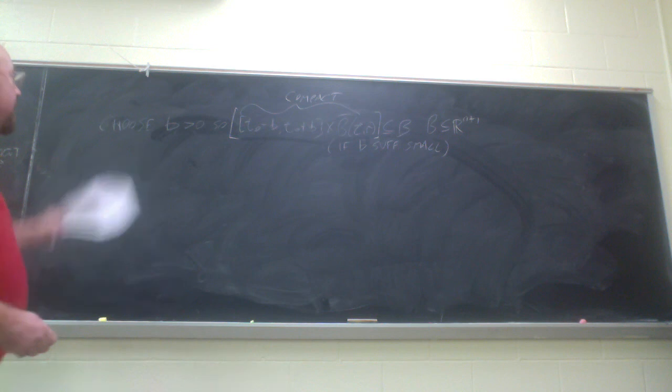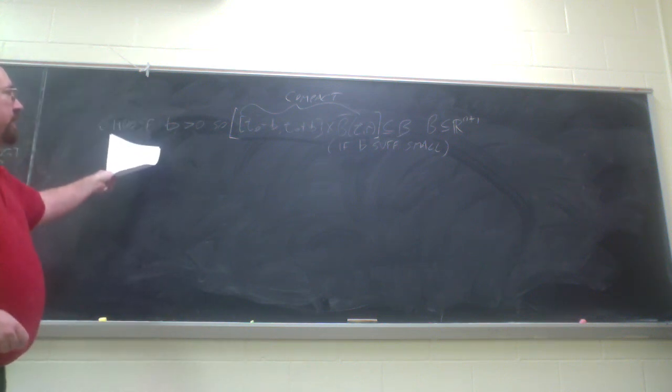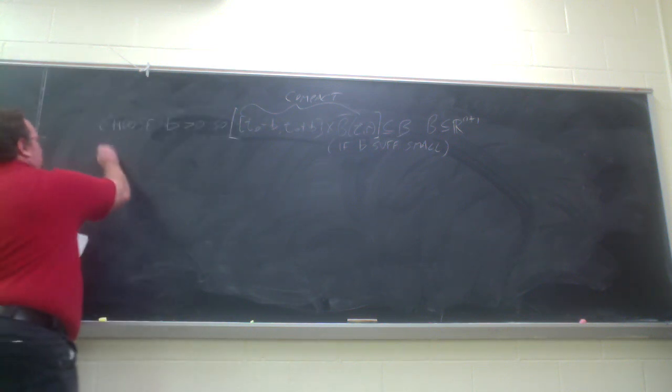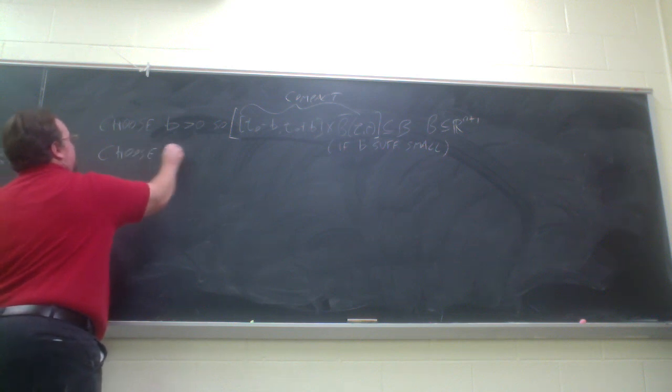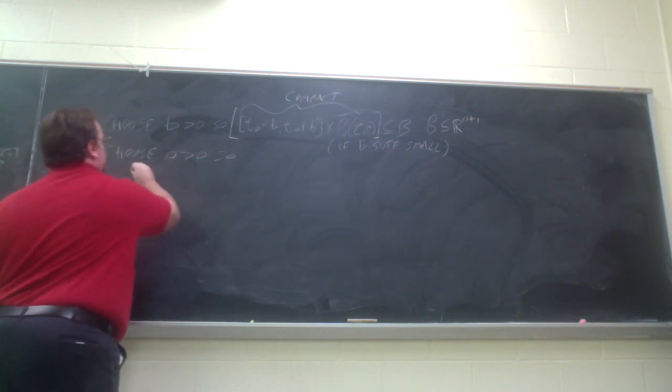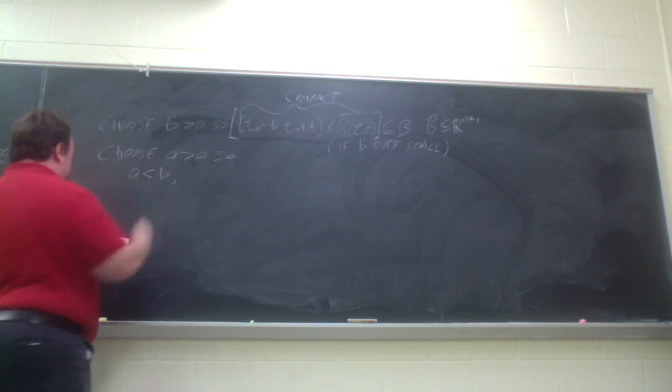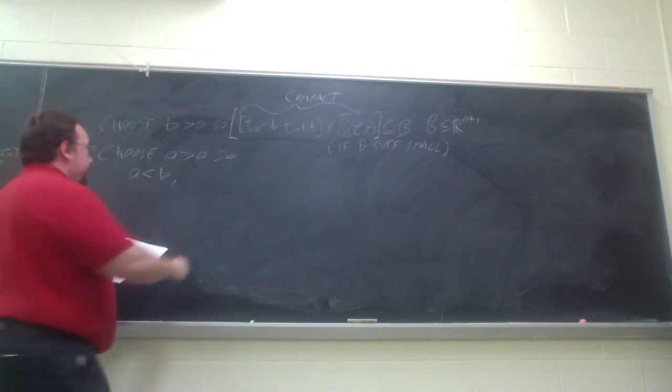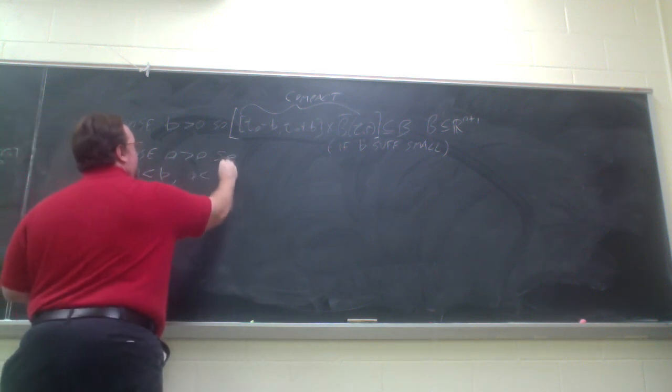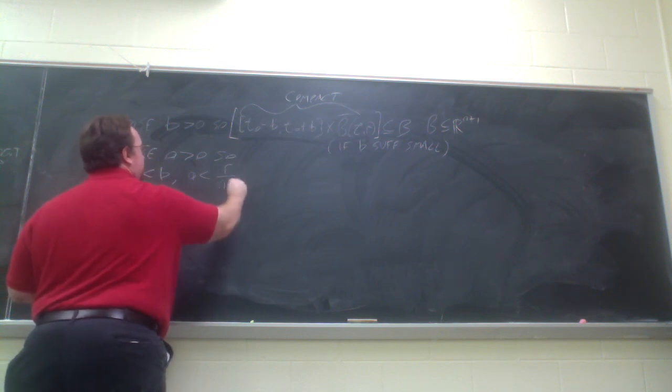So we've chosen B so that this works. Now we'll choose a positive constant A, so that A has to be less than B. Also, A is less than our spatial radius R divided by NK.